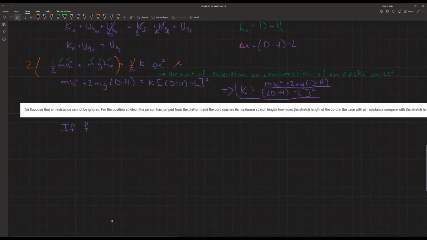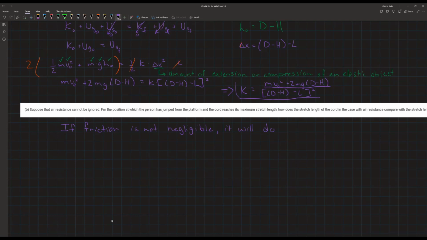So if friction is not negligible, we should be thinking, well, what's friction going to do? Friction takes away energy. So we should be thinking about that. Since friction is not negligible, it will, and we can think of how does it take away energy? Well, through work.